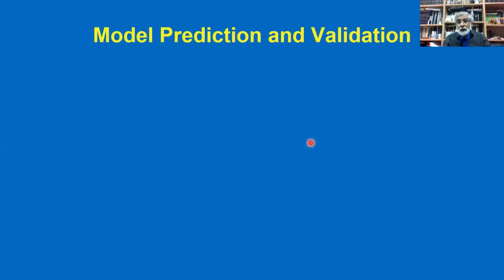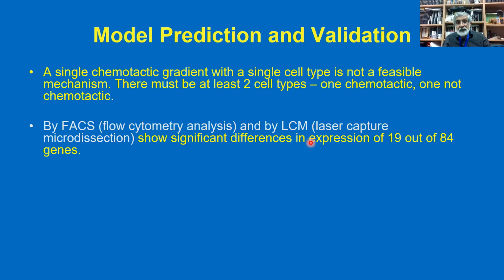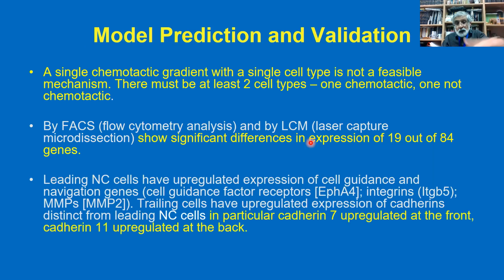So then we asked our colleagues, and this is just summarizing what we said, you don't need to look at all the detail of this. They basically found significant differences in gene expression of the cells at the front and at the back. In particular, they found that certain cadherins that are the hallmark of stickiness were upregulated at the back.